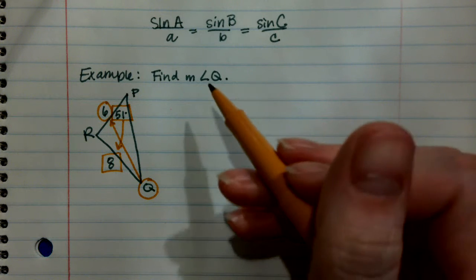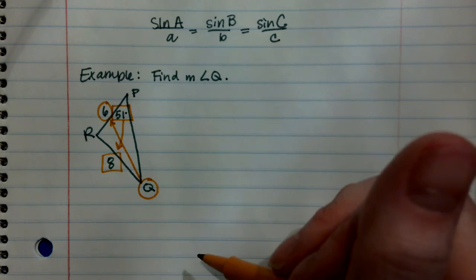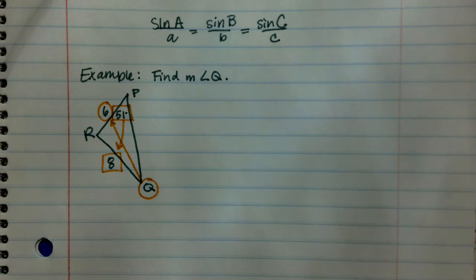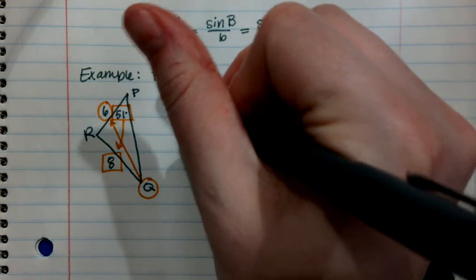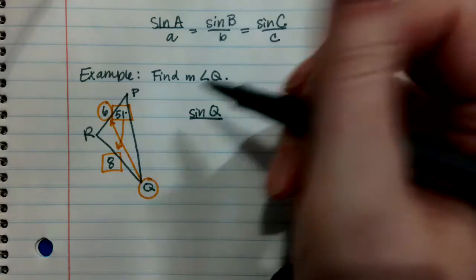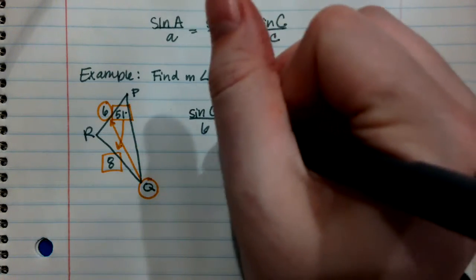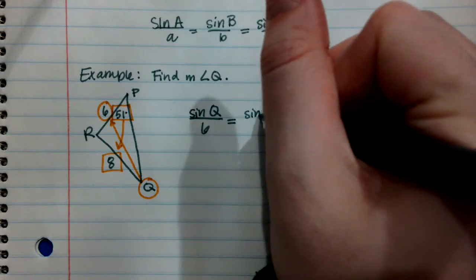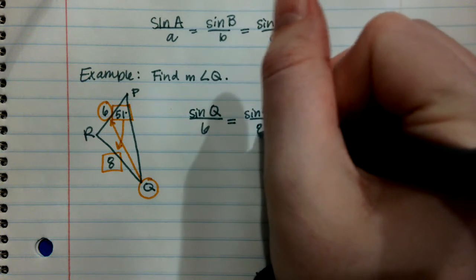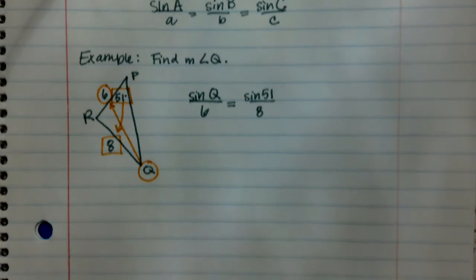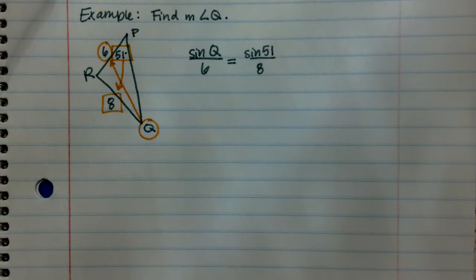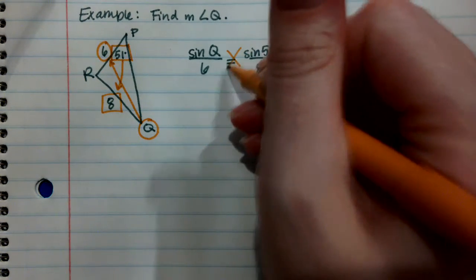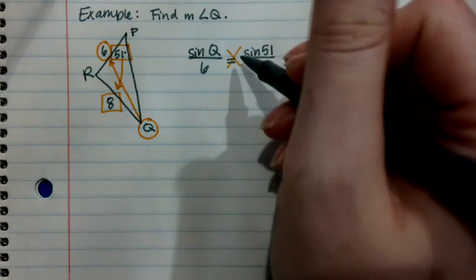And so now I'm going to find my measure of angle Q by setting up my law of sines. And I'm going to start with my missing one. So the sine of Q matches with 6, and the sine of 51 matches with 8. So far it's super similar to finding sides. And then we're going to continue by cross multiplying.